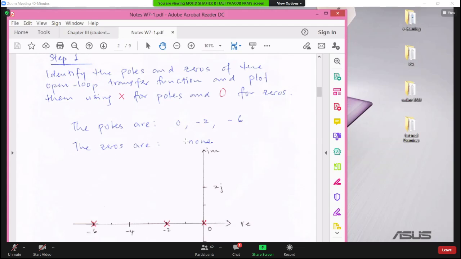On the complex plane, you have to mark the poles using X. I'm avoiding saying the word zero, so I'm going to use the word origin. So 1 pole at the origin, another pole at -2, another pole at -6. So that is step 1 in your guideline.